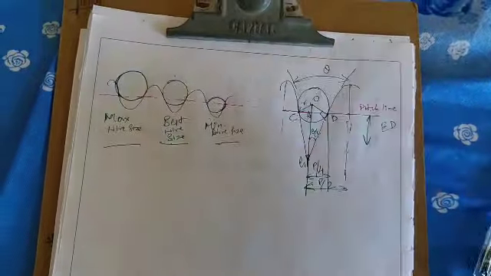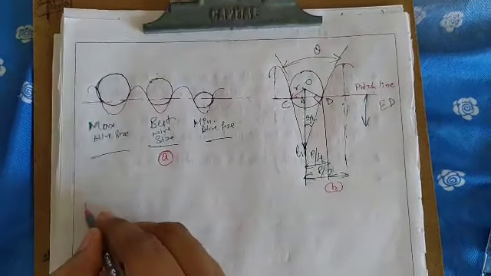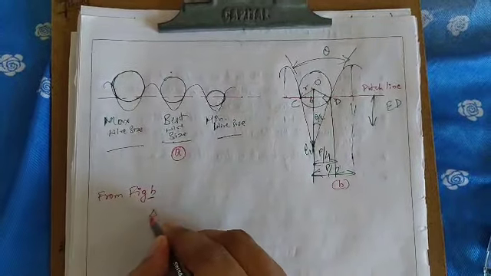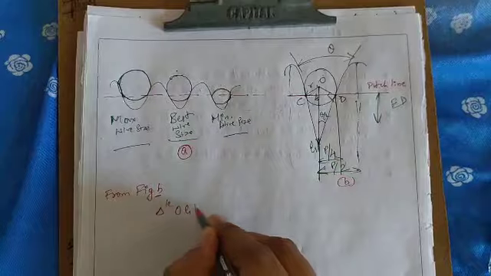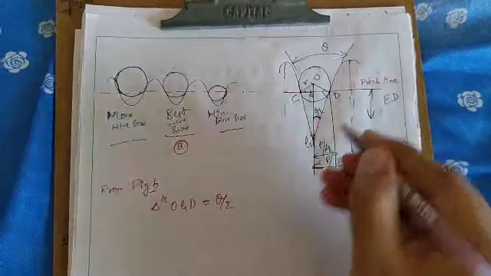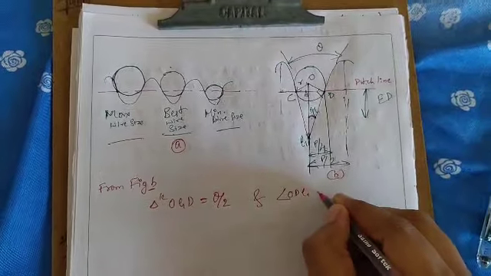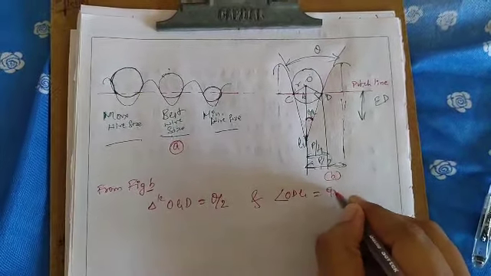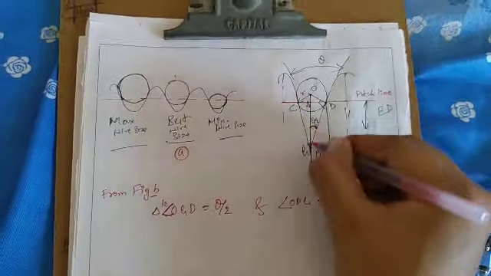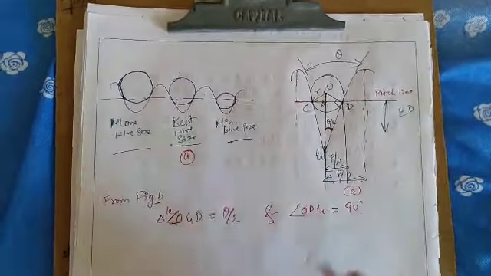From figure B, in triangle OGD, angle OGD is theta by 2, and angle ODG is 90 degrees.